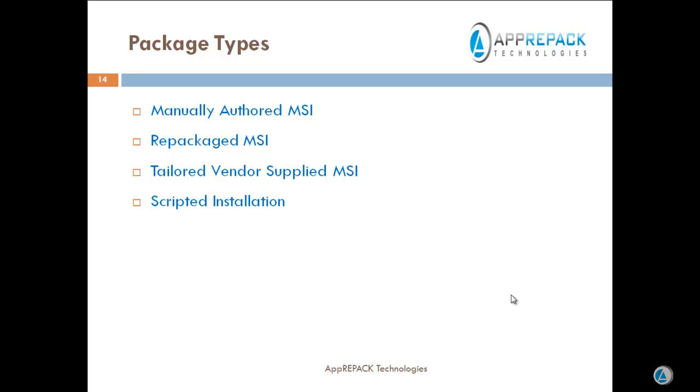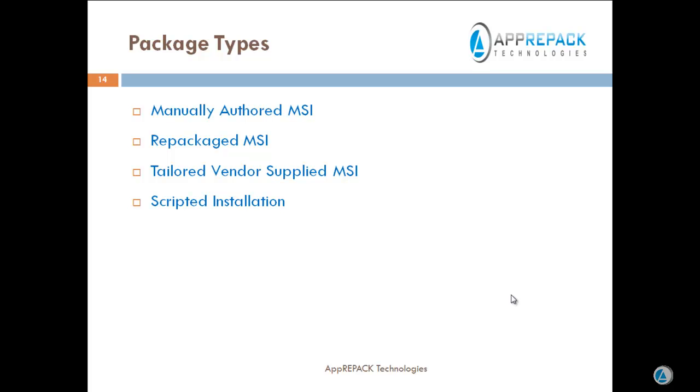For that we have to create a few scripts, and that's the reason we call it a scripted installation, where the script holds the logic to install multiple MSIs one by one in sequential order. Only when an application contains multiple MSIs do we have to go for the scripted installation.